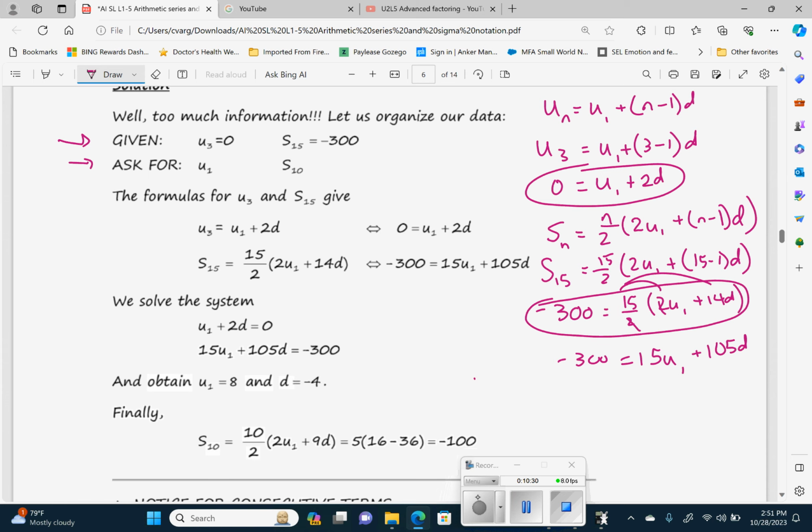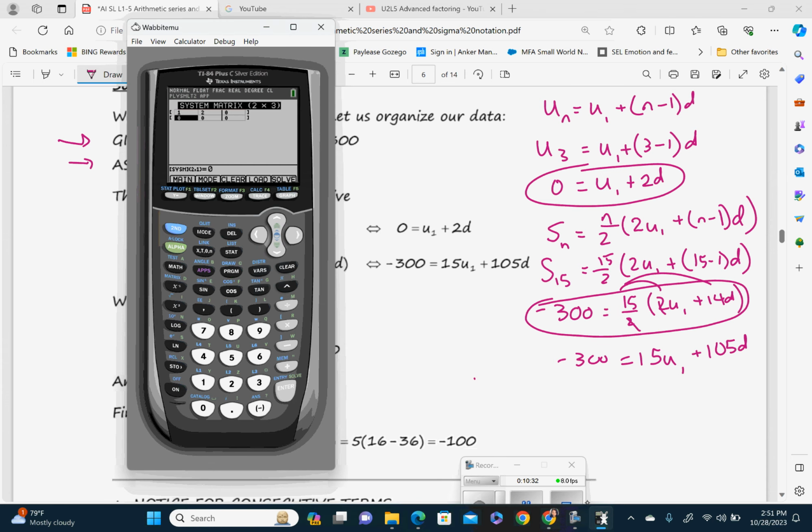Okay, so now we have enough to put into our calculator. In front of the U1 there is a 15, so we're going to hit enter. After that, in front of the d, we're going to put 105, and the number that's by itself is negative 300. And then we want our calculator to solve by hitting graph.